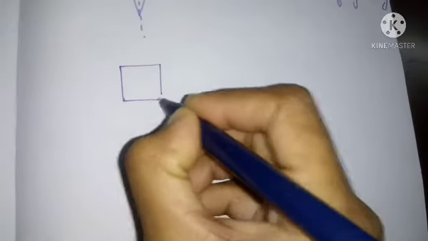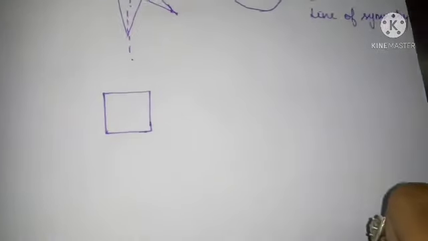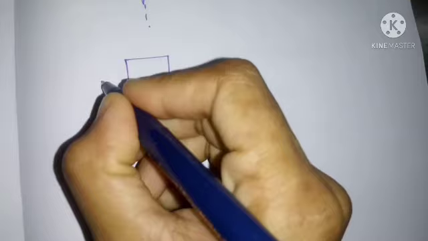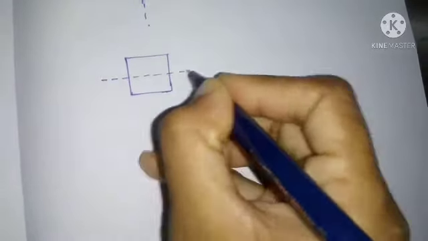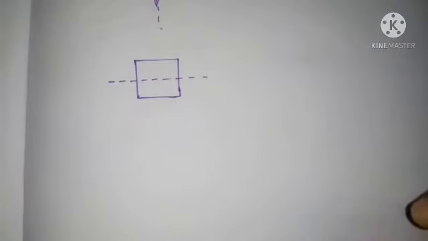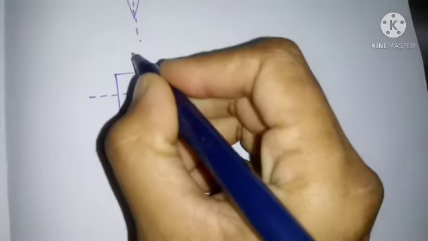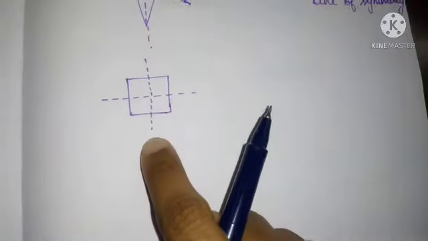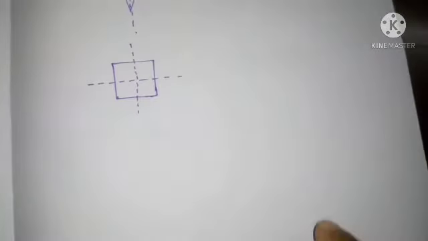First I am going to take a square. Square, you know, all the sides are equal. Yes. Now I am going to draw one line. Whether they both are equal? Yes. So one line I can draw like that. Another one more line. The second line I have drawn like this. So this side and this side are equal.